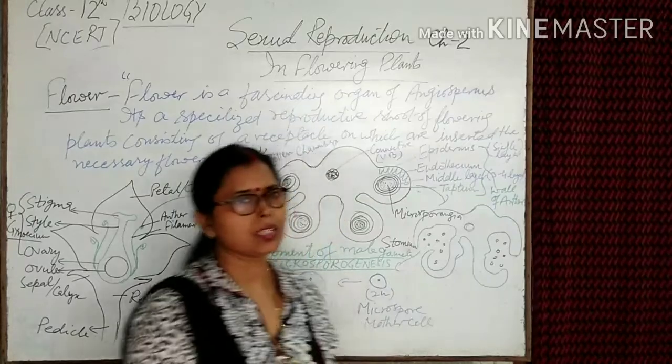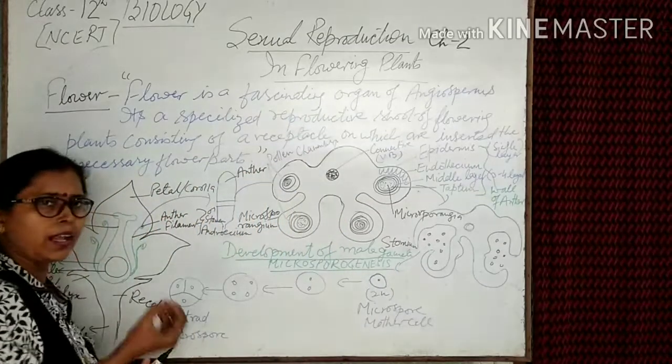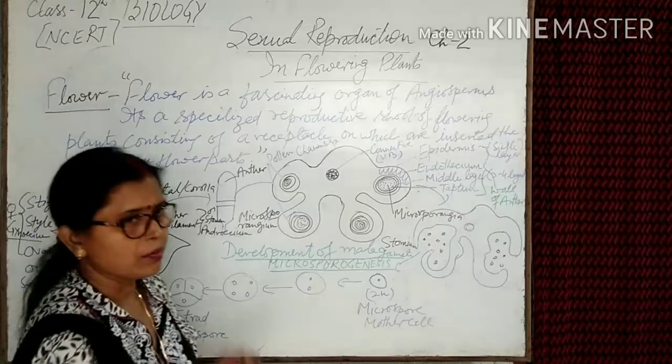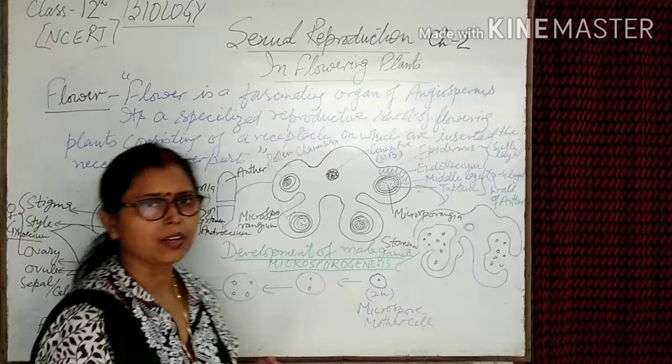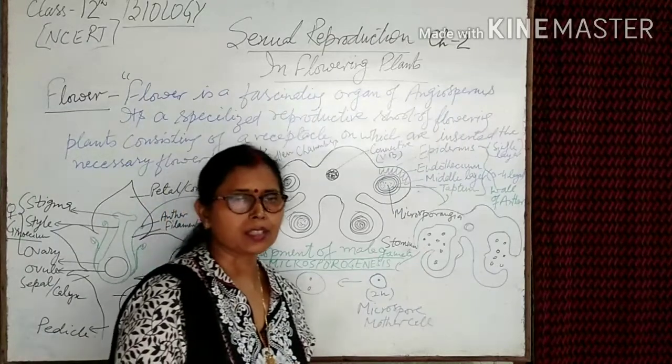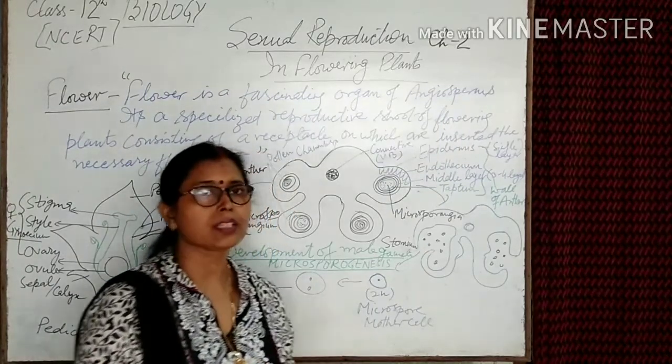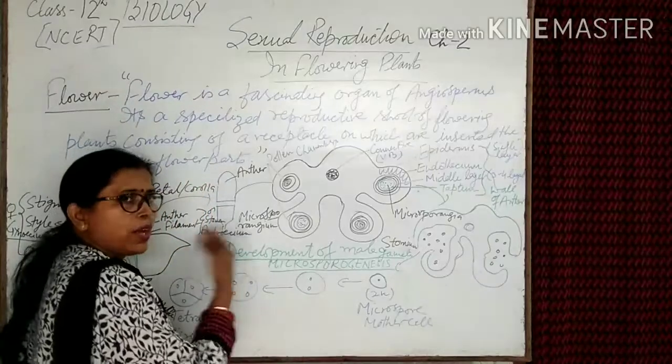These particles are known as pollen grains, and the pollen grains are dispersed or liberated by different factors like water, wind, and insects, from one place to another place.